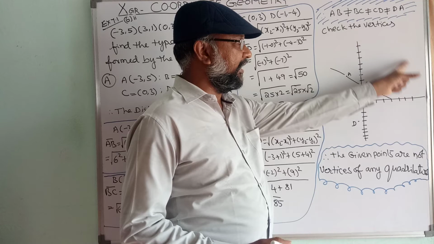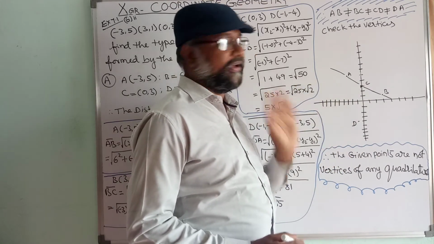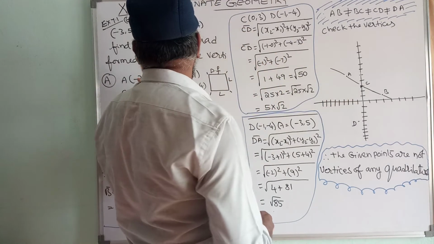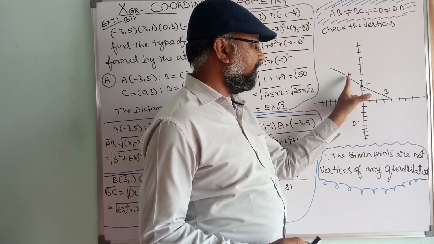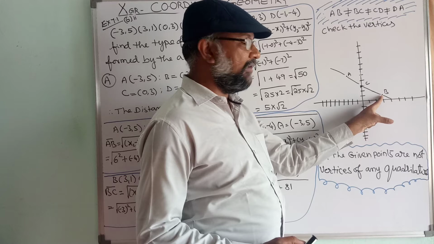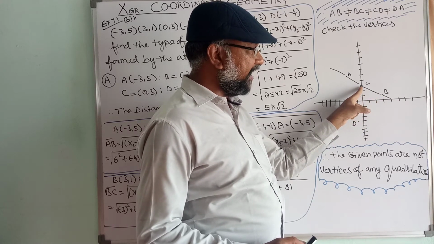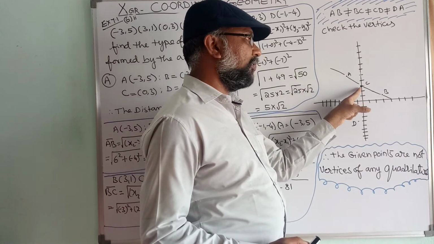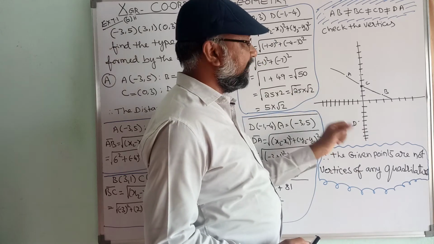First, take a graph and try to plot the points. Point A is here, minus 3 comma 5. This could be A, and this could be B. This point, 0 comma 3, belongs to the y-axis, and D will be here.